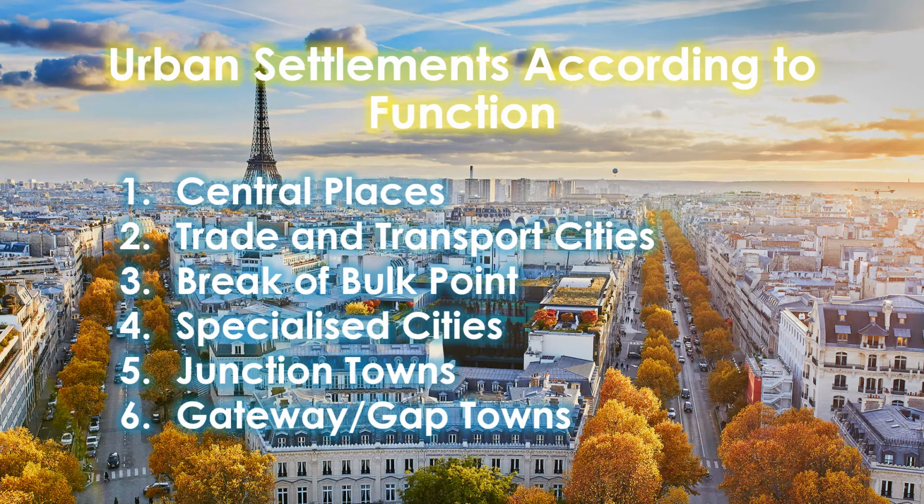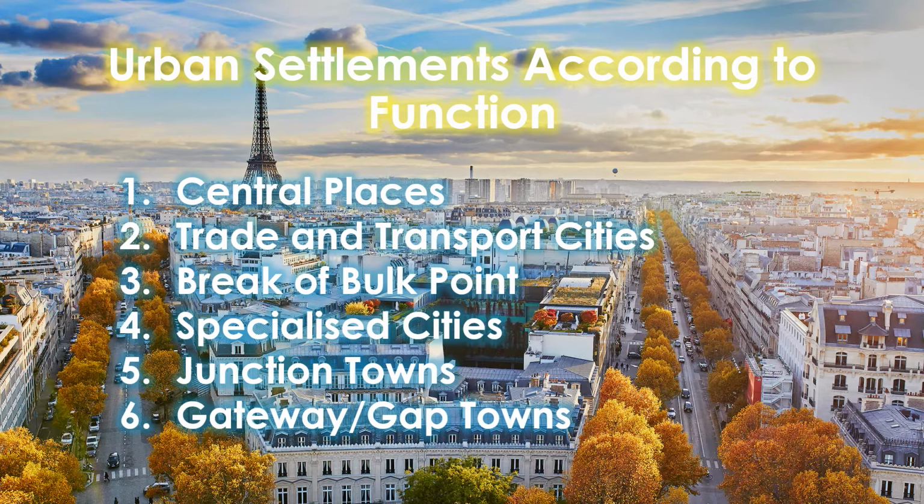Okay, so now we're going to look at 6 different examples of cities. This is the last section of this chapter, where we classify cities based on their function. Many cities developed around a certain function. For example, Johannesburg. Nothing was going on in Johannesburg until the discovery of gold late in the 1800s, and Johannesburg sprang up based on the gold mining primary activity.